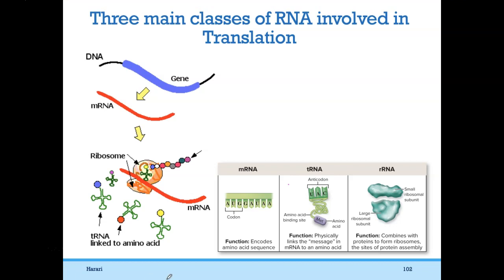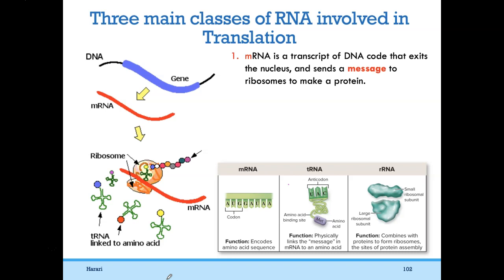So before we talk about translation in detail, let's review three main classes of RNA that we're going to see play very important roles. The first type of RNA is mRNA. That's the type of RNA we already saw. This is the transcript of a DNA code that exits the nucleus and carries the message to ribosomes on how to make a protein.